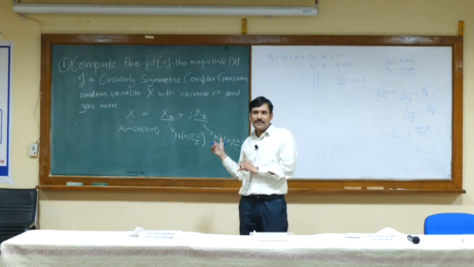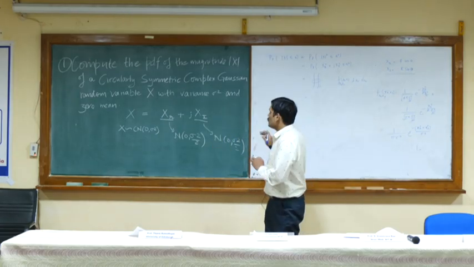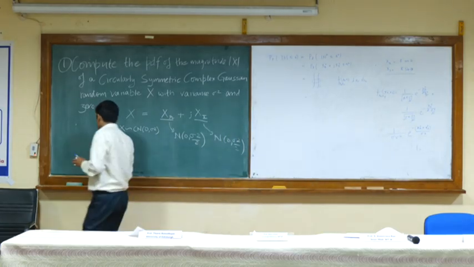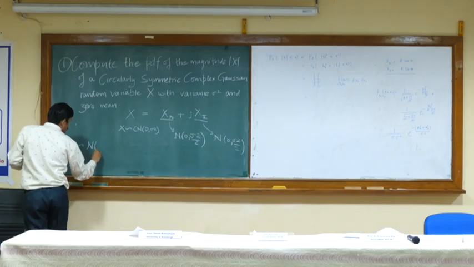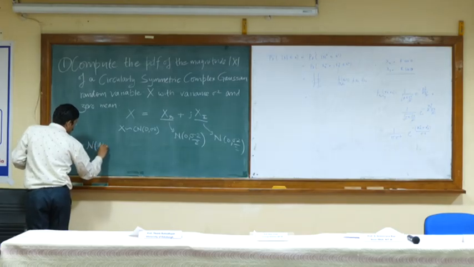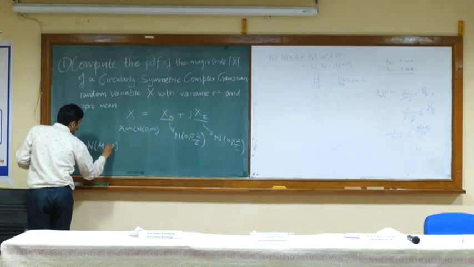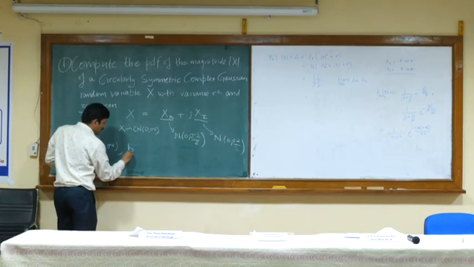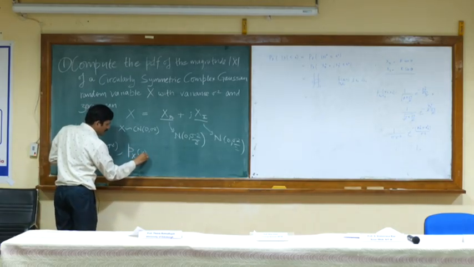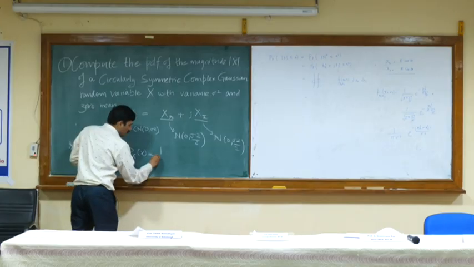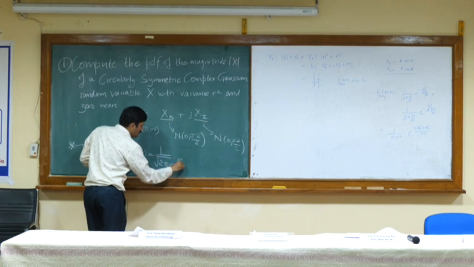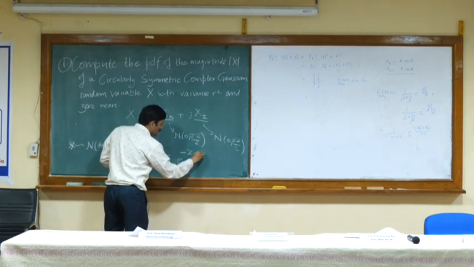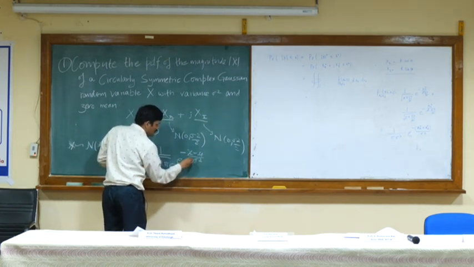Should I write it again? Normally, if some variable x is normally distributed with mean mu and variance sigma square, then the PDF of x is 1 over root 2 pi sigma square times e to the power minus (x minus mu) square divided by 2 sigma square.